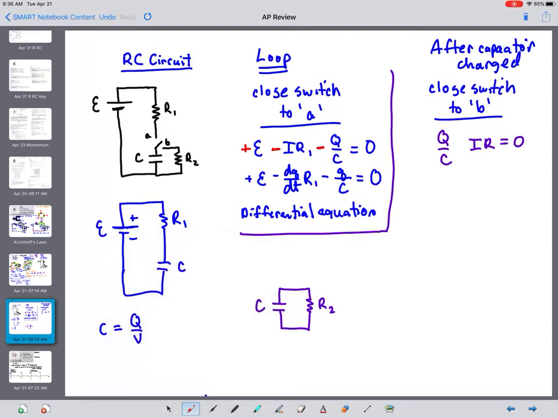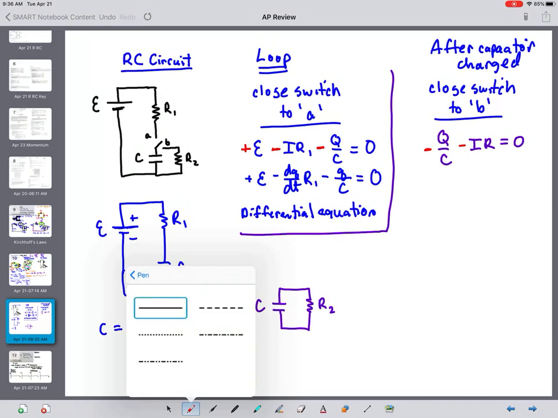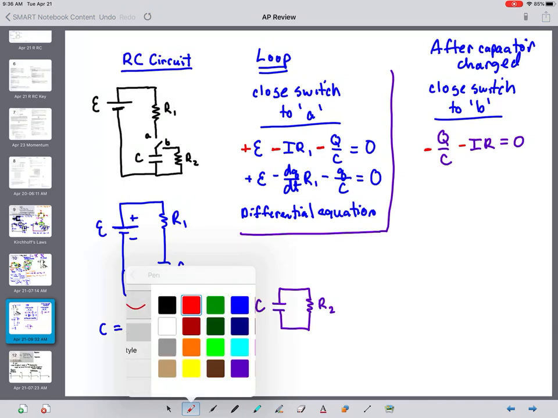Now, in terms of signs, your resistor is dissipating, so negative. Your capacitor still represents stored energy per charge, and so it's negative. They're both negative. One more line here.